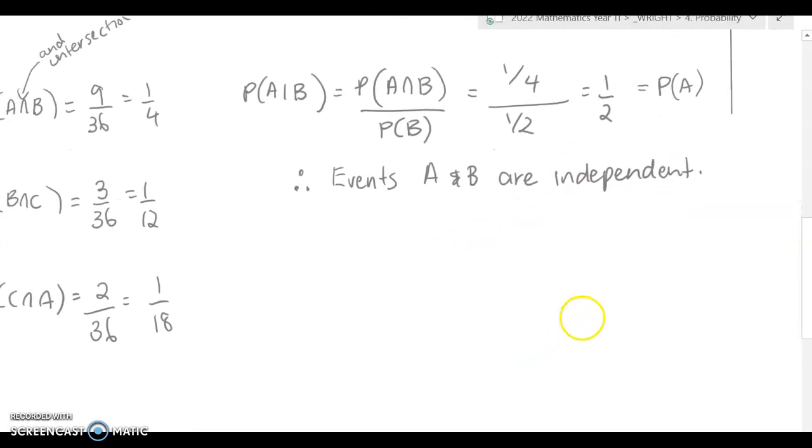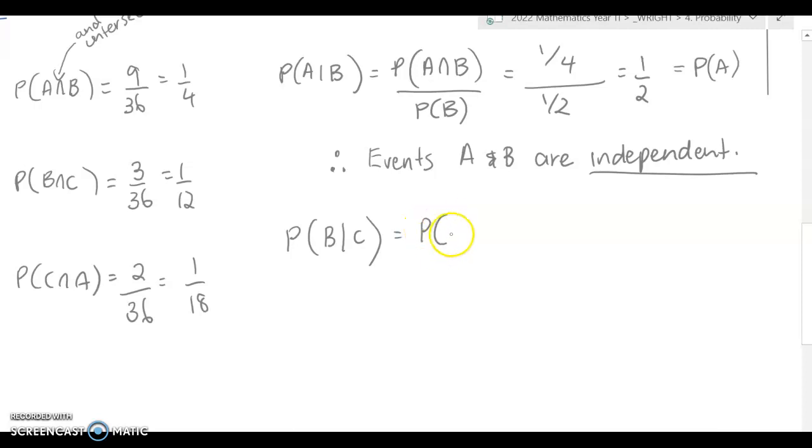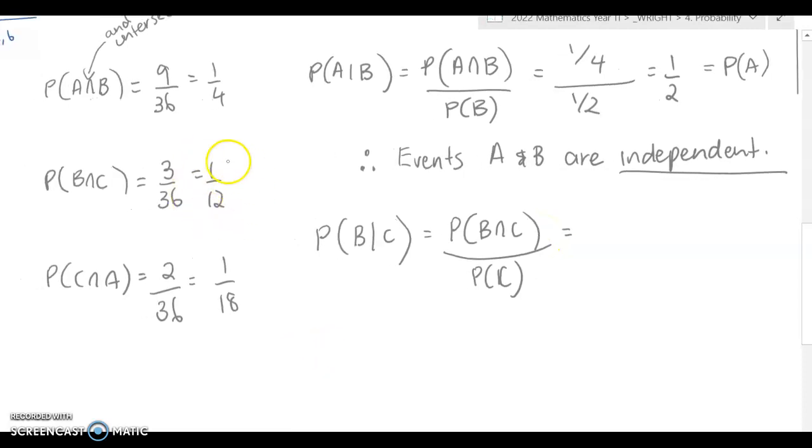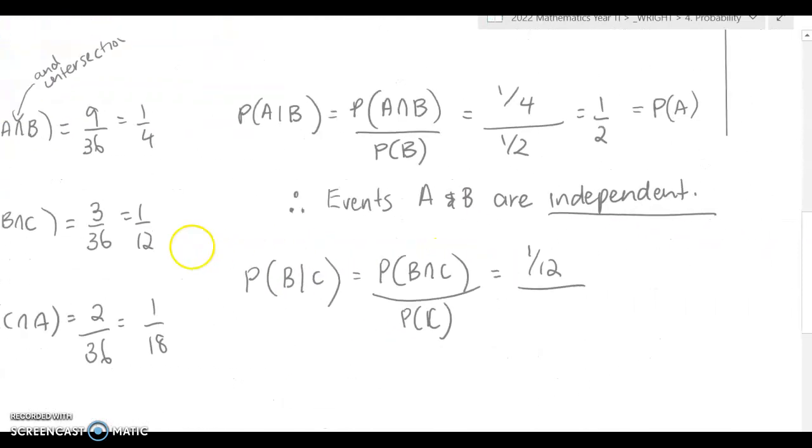Okay, we can do that again for the next two events to decide if they are independent as well. So we can work out the probability of B given C. We'll pop that in as our probability of B and C over our probability of C. Our probability of B and C is 1/12 divided by our probability of C, which we've got over there as 1/9.